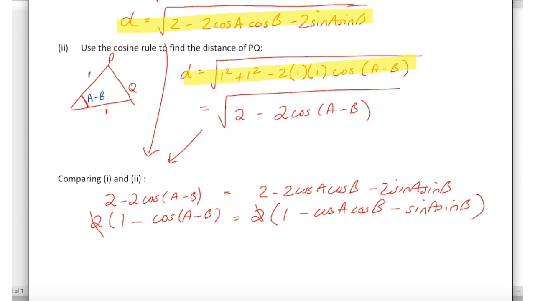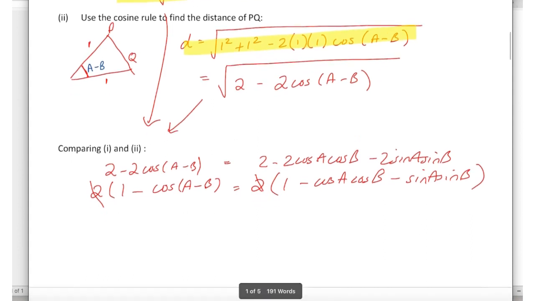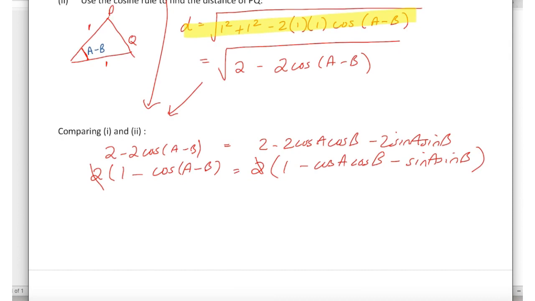What we're left with is 1 take cos A take B equals 1 take cos A cos B take sin A sin B. I'm going to write that down so we can see that a little clearer.